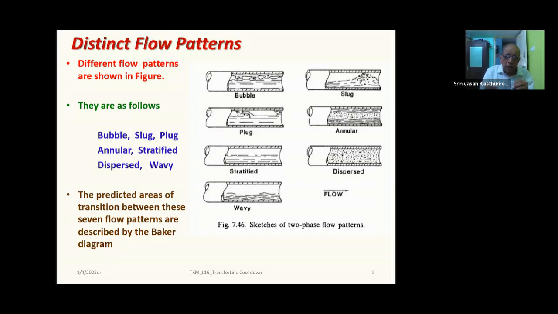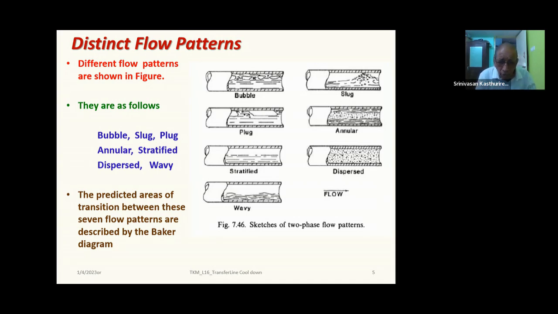Suppose the heat transfer is a little increased. Then the number of bubbles can accumulate together, come together, and you get what is called the slug flow. Then the plug flow is an in-between situation where you have pockets of vapor in smaller sizes.